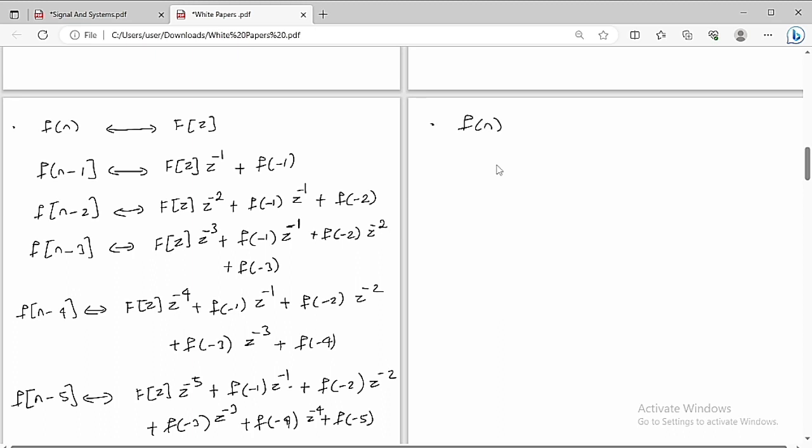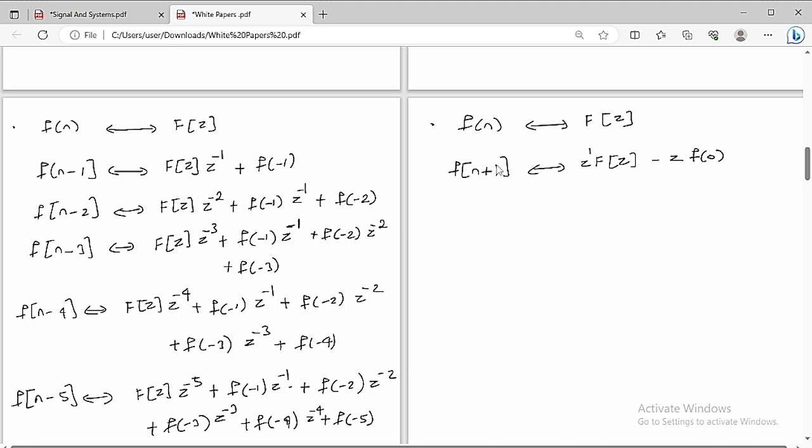Suppose for f of n, what is the unilateral Z transform? F of z. So for f of n plus 1, it is very simple: z to the power of 1 into F of z. The next term is minus z into f of 0.